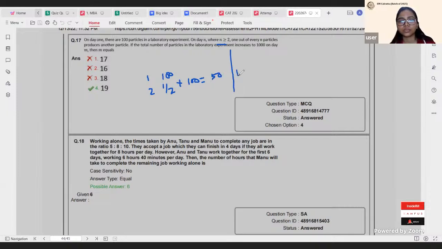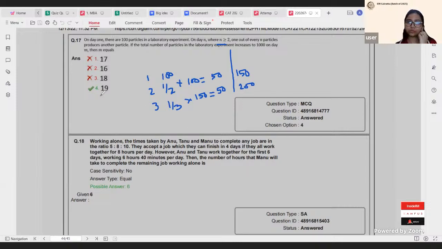Also writing the totals here. For day 3, it will be 1 by 3 into 150, and it will go on like this. We are noticing that for each of the cases, the increase value is the same, which is 50.